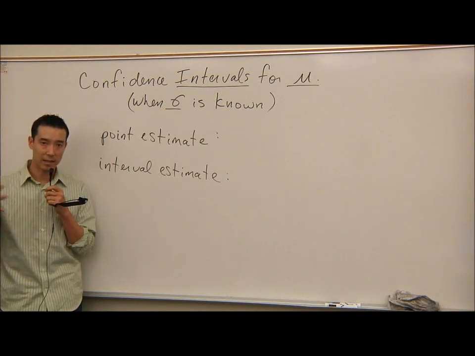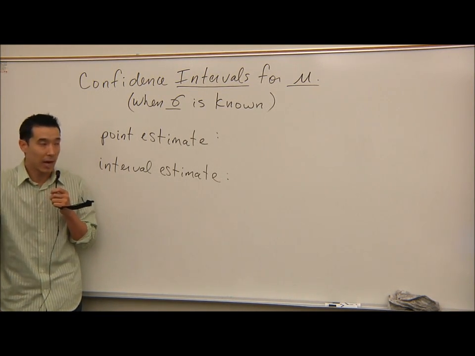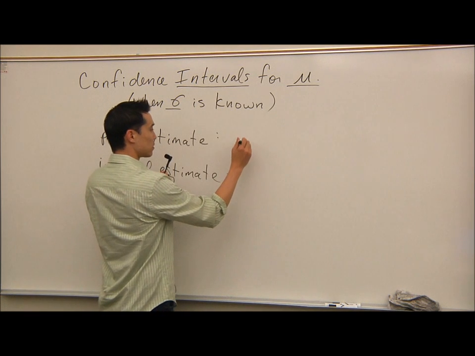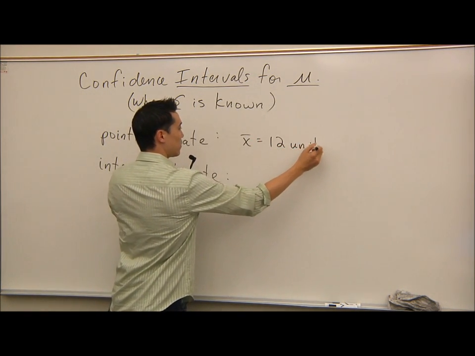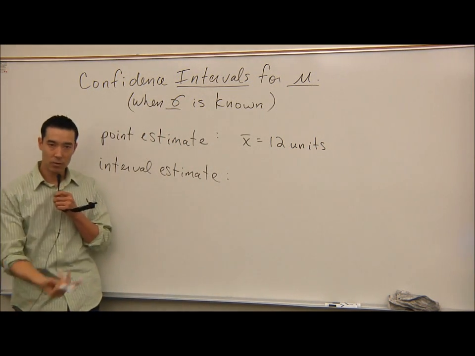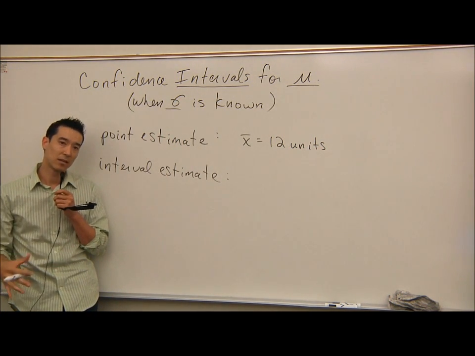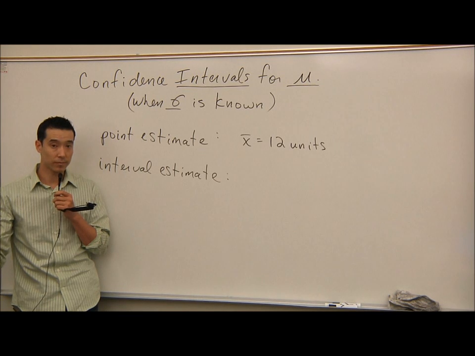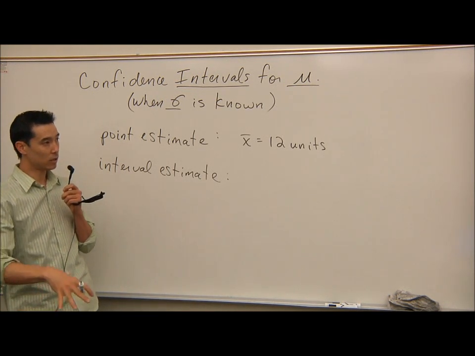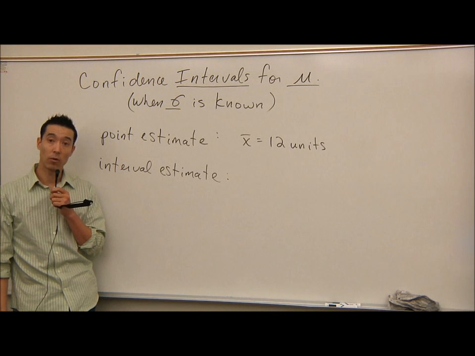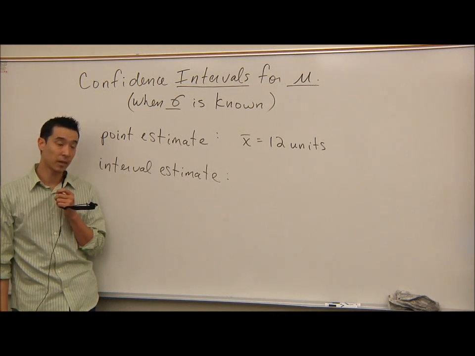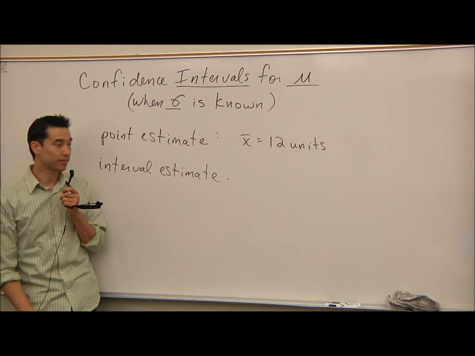Okay? And then I take the average of that sample, and maybe that average came out to 12 units. So I would say, all right, based on that sample, we have this point estimate, 12 units from this sample, but what I was trying to do is make a guess at the average of the whole population. Okay? So that would be a point estimate.